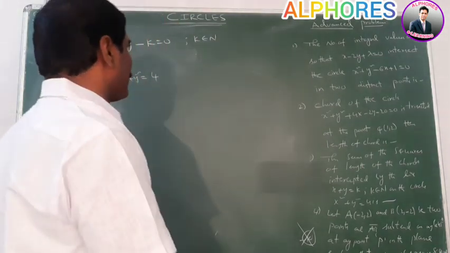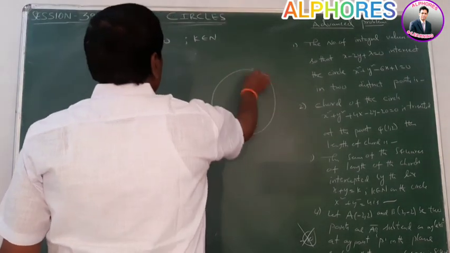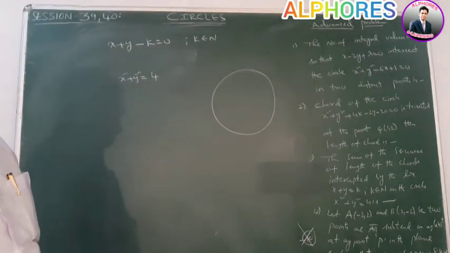In this case, we find the length of the possible chords and the sum of the squares of the chords.